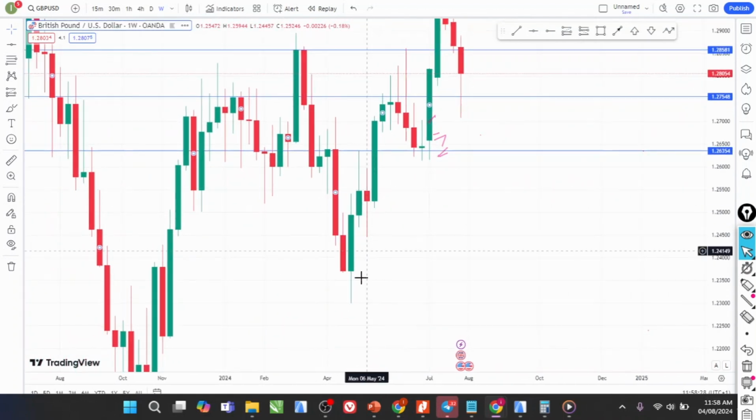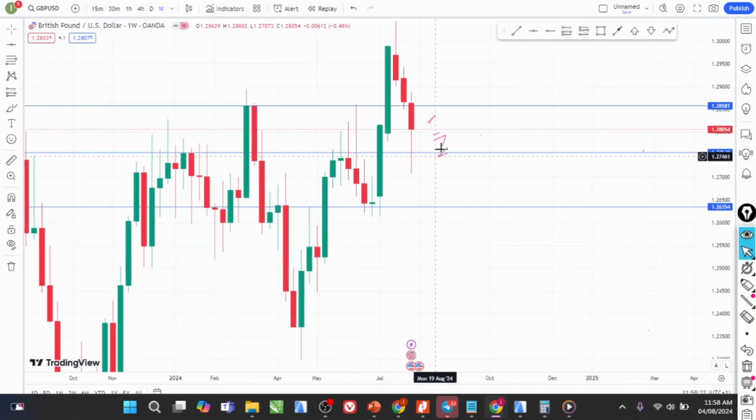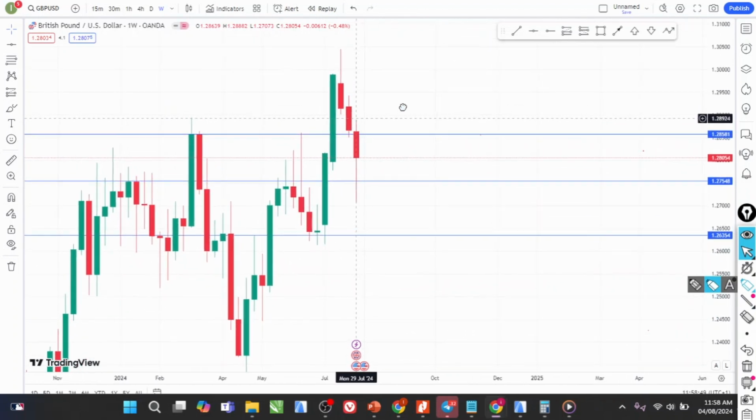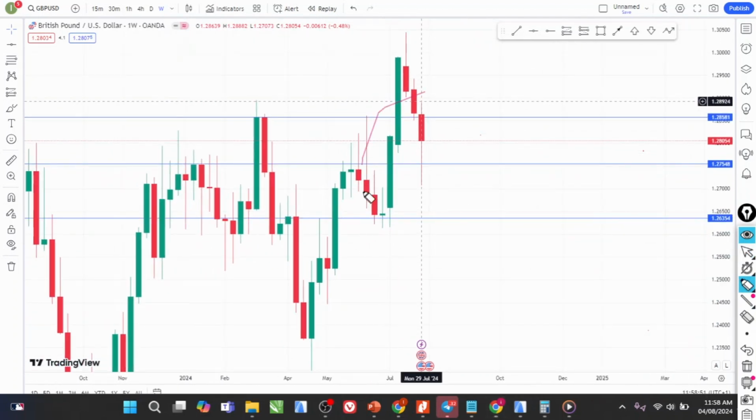So ignore all these areas. Just focus on where price is currently. Understand? So this is where the price is. This is where the market closed last week. So our focus should be around where the price is currently.